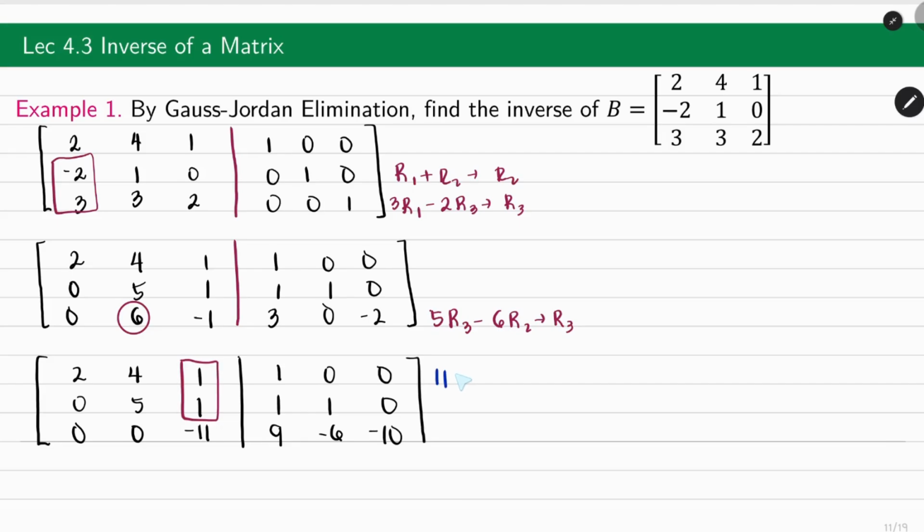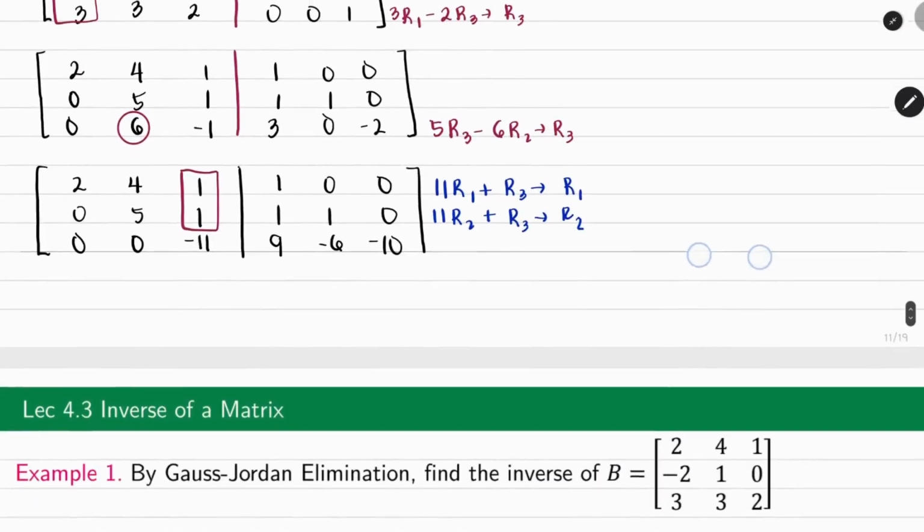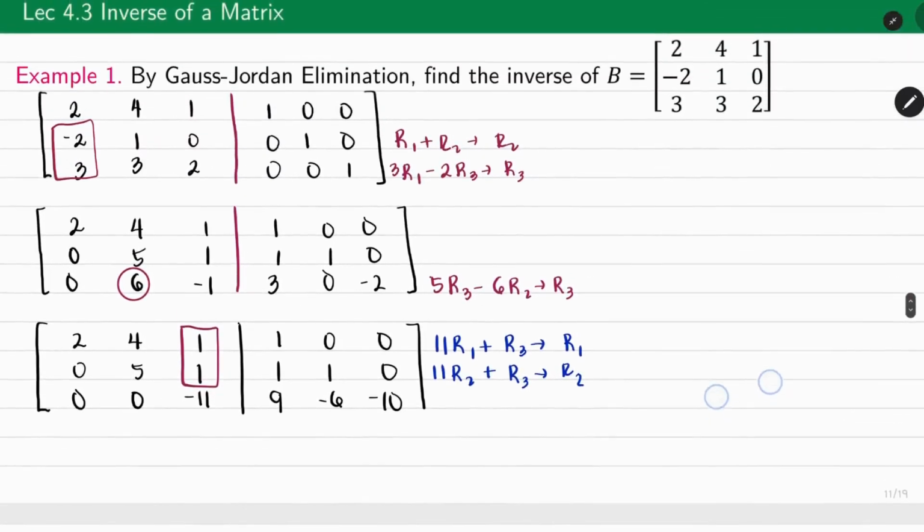We have 11R1 plus R3. This will be the new R1. 11R2, same with the first row transformation.